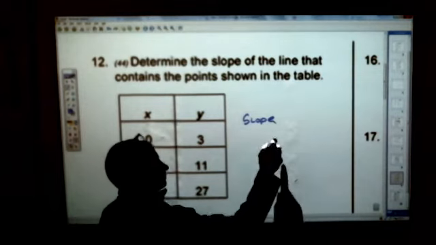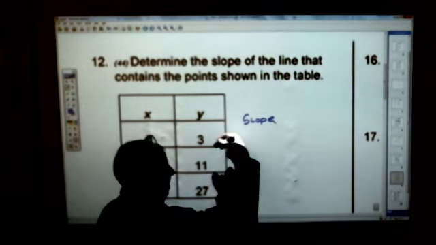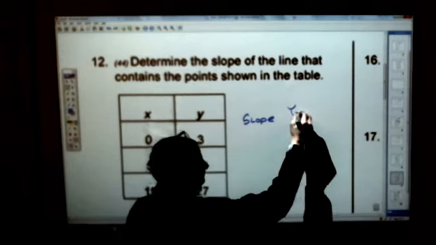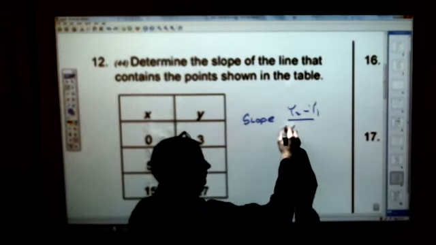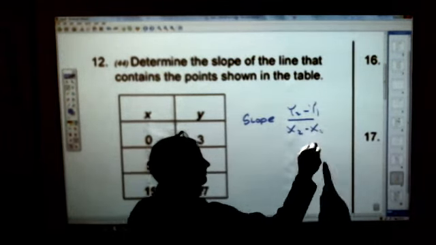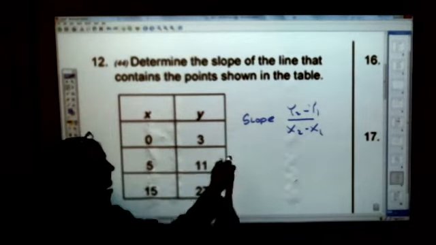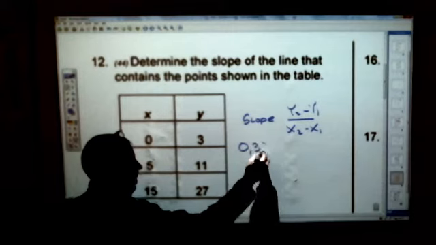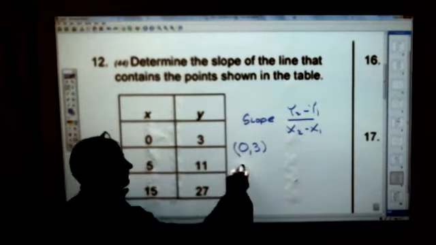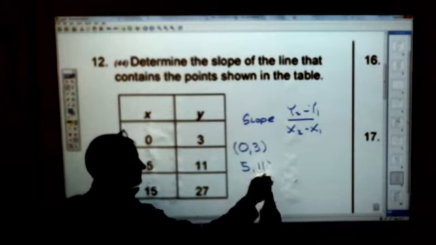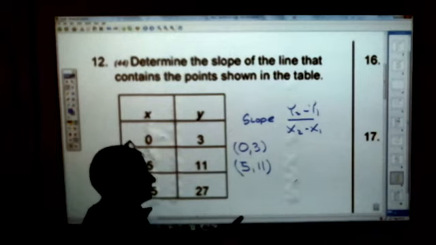Well, you can get it right by graphing, but this way it's just mathematical, which is y sub 2 minus y sub 1 over x sub 2 minus x sub 1. And you can pick any of these points. Let's do this. Here's my (0, 3) and (5, 11). You just plug those things in there.